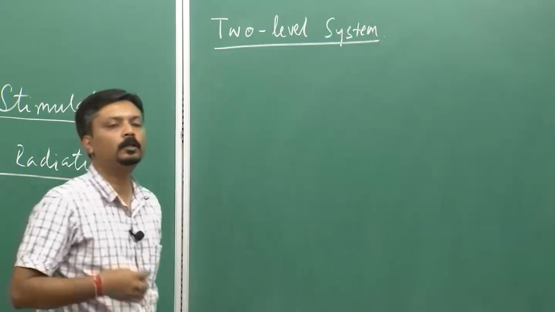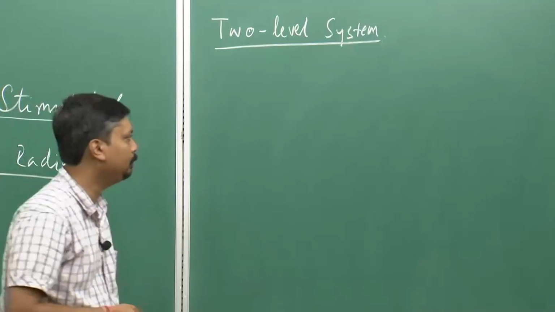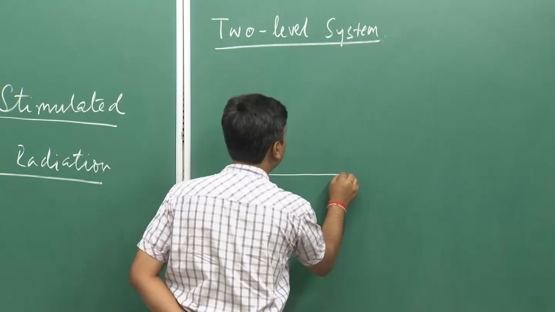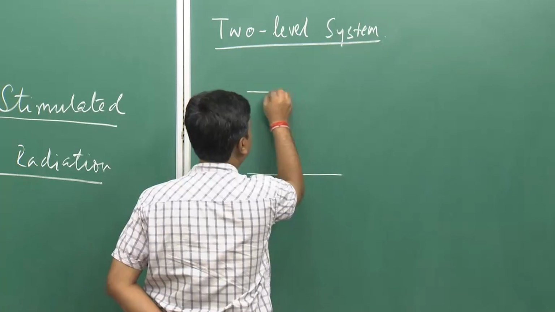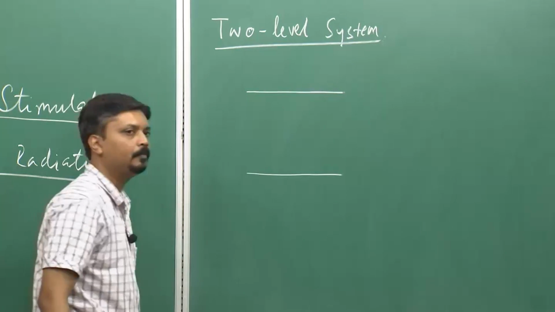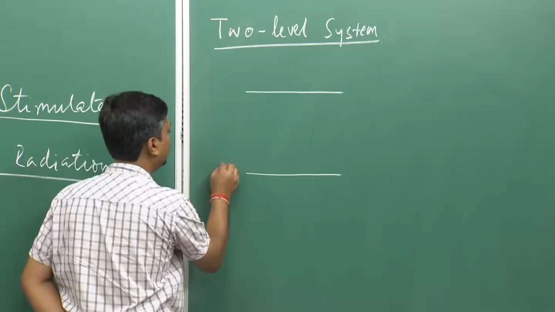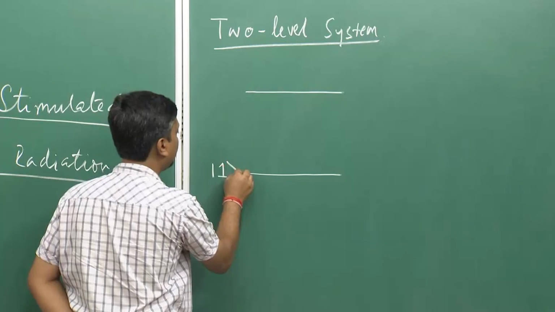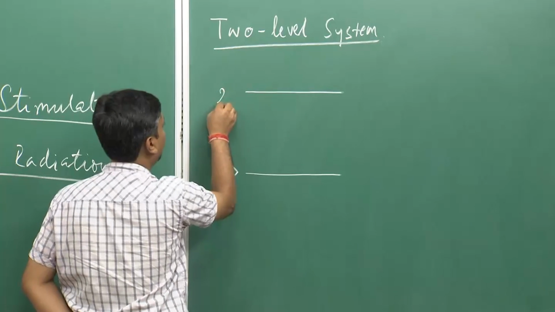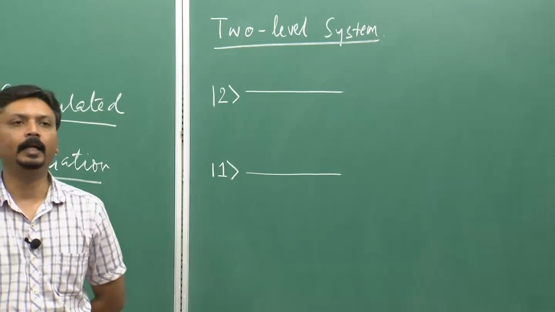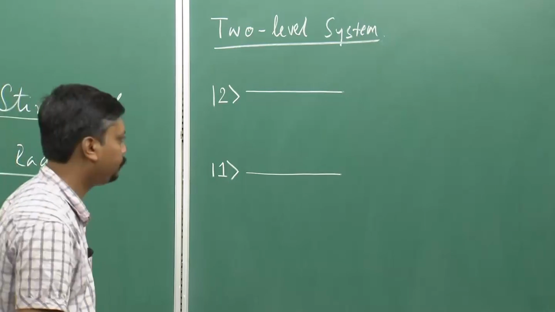So, what is a two-level system? A two-level system consists of a ground state and an excited state. We can give them the names state 1 and state 2.